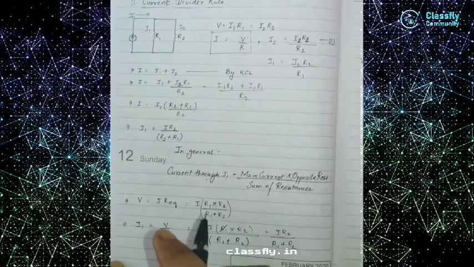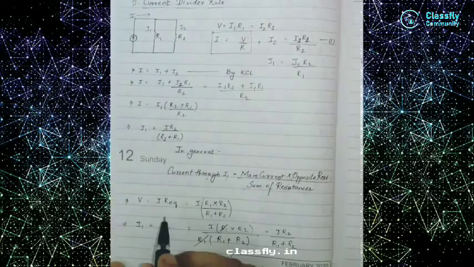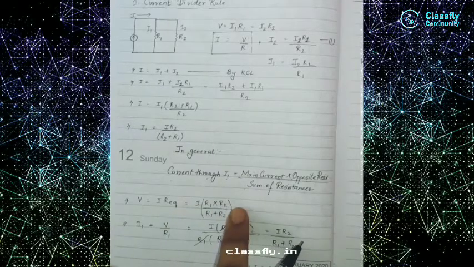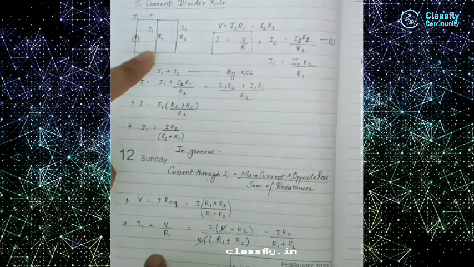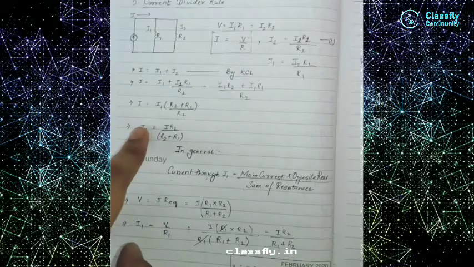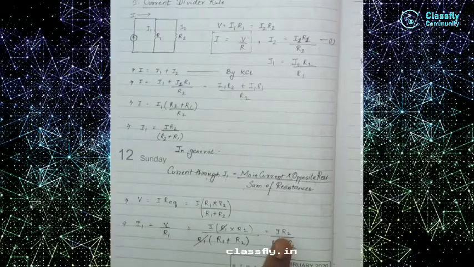As my circuit is parallel, my parallel formula is R1 into R2 by R1 plus R2, right? And we know that for I1 it is V by R1. So when I put the value in place of V, R1 gets cut and it gives me the similar result which I got previously, that is I R2 by R1 plus R2.